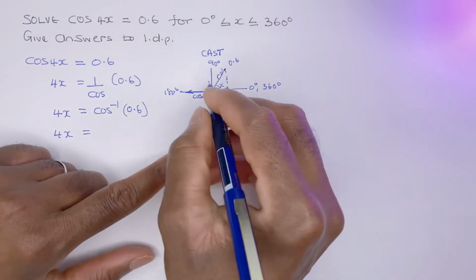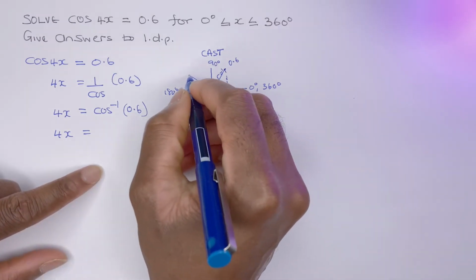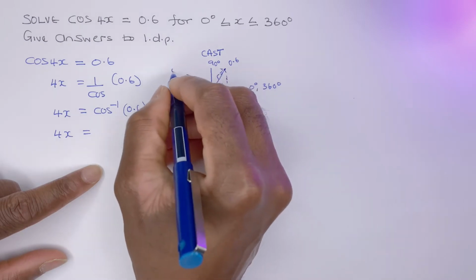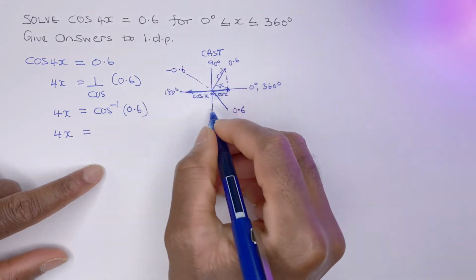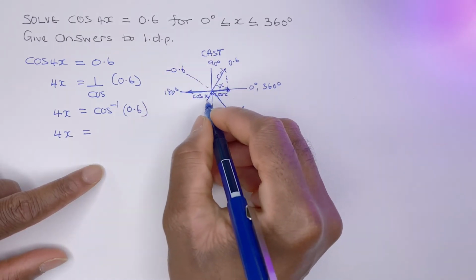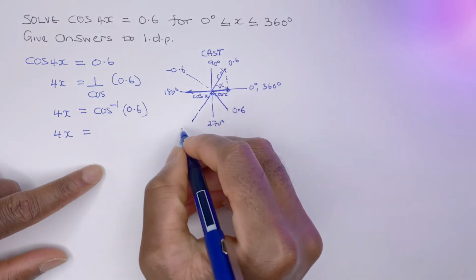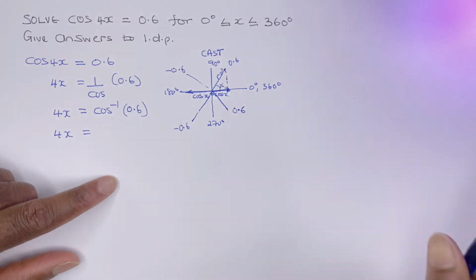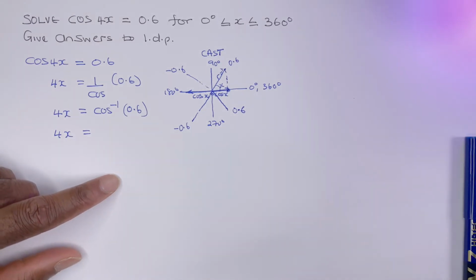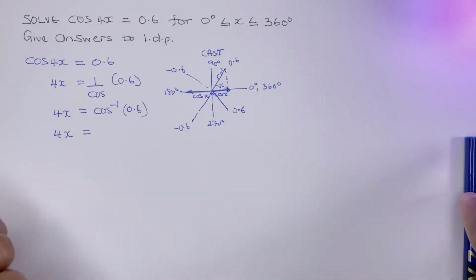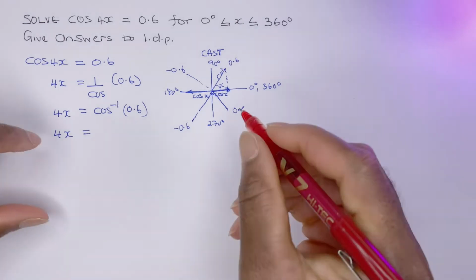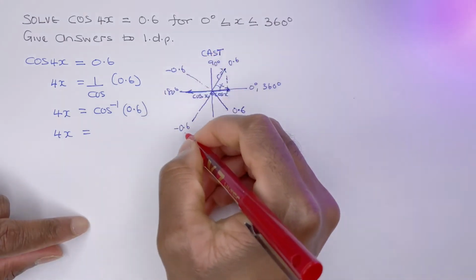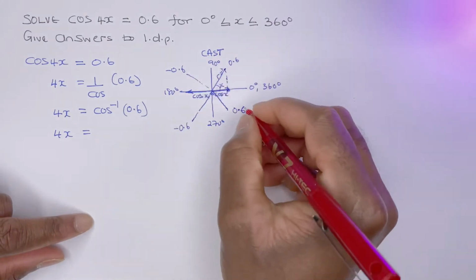That will be positive. But if you go in this direction, that'll be minus 0.6, which we don't want. And if you go in that quadrant here, again, that'll be minus 0.6. So we don't want that. But the way we measure angles is from 0 degrees all the way in the anti-clockwise direction.